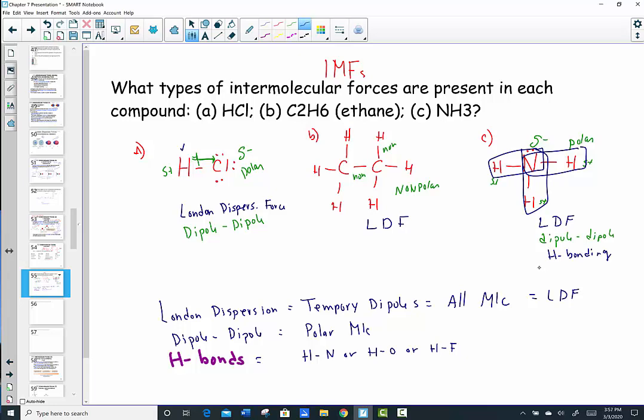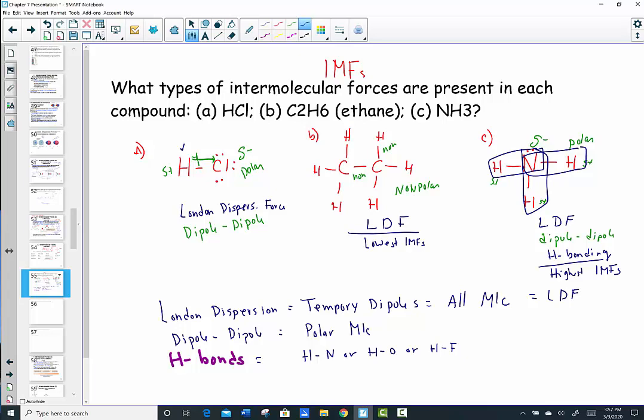So ammonia, with all 3, has the highest intermolecular forces. And of course, B, which was boring old ethane, has the lowest with just one interaction. Now that's going to give us insight into something like melting point and boiling point.